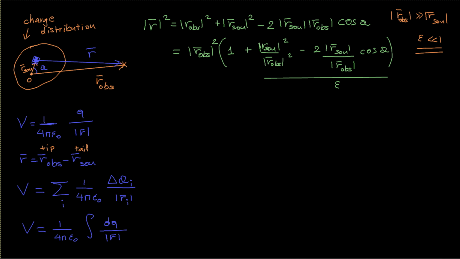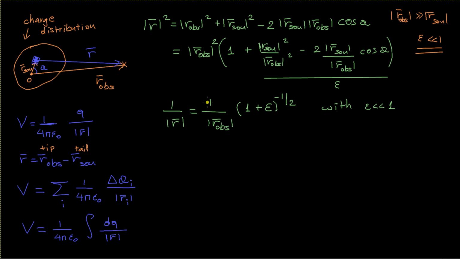Alright, we're moving on. I call this thing over here epsilon, and that allows me to write 1 over r. Essentially I'm taking the square root and then the inverse of the left side and the right side.